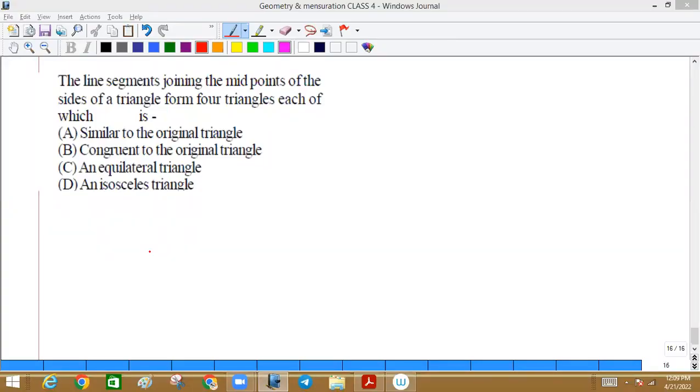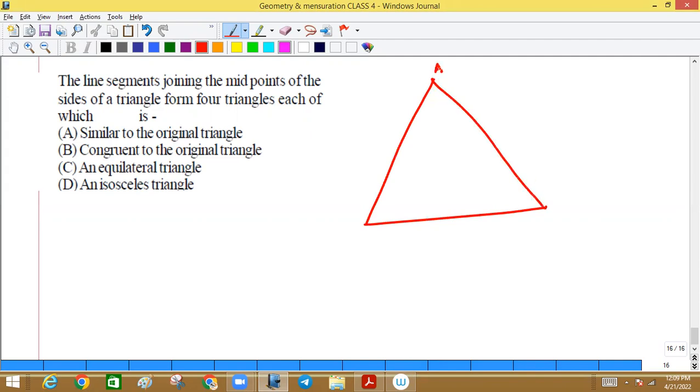The line segments joining the midpoints of the sides of a triangle form 4 triangles. First of all, I'll take a triangle. ABC is a triangle here.